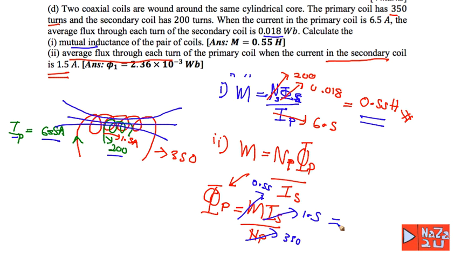So the average flux through each turn of the primary coil, using the calculator, is 2.36 times 10 to the power of minus 3 Weber. Right? Thank you.